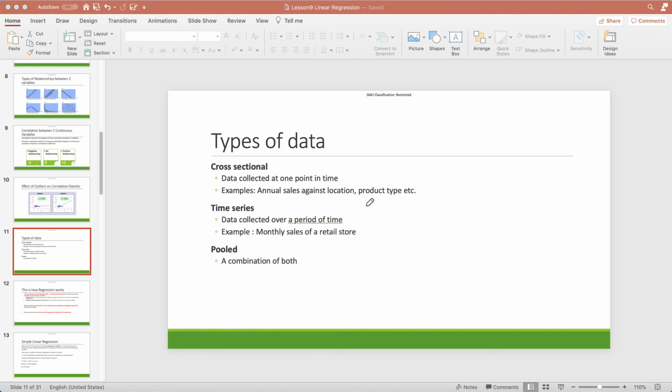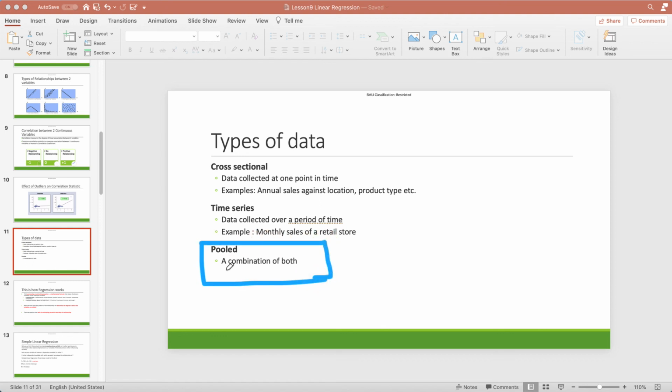In cross-sectional data, basically, it's data that is collected at a point in time. So you have annual sales, at a particular location of a product type at a given point in time. And in time series data, you have monthly sales for a retail store, and often time series is represented by line charts. We had discussed that as well. So when we do regression, we often work with what is known as pooled data.